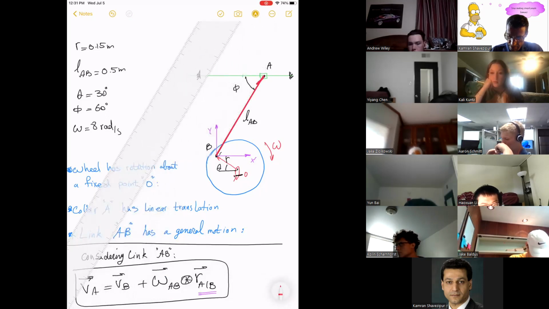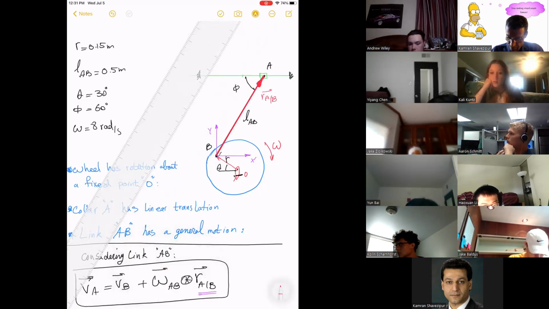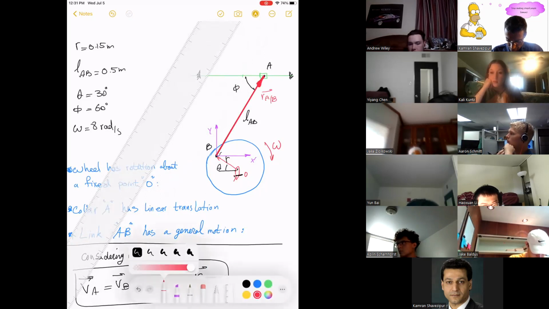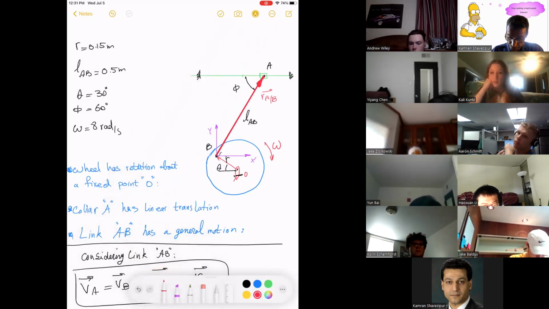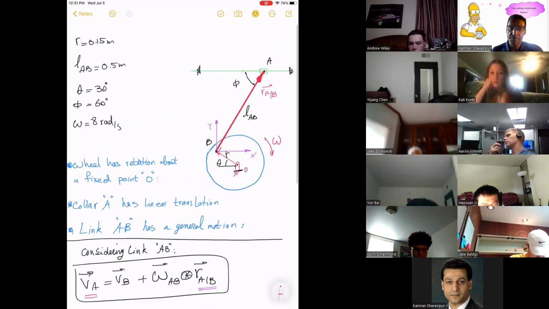This is R A with respect to B. That's too thick. Okay. Right? Now, what kind of motion A has?